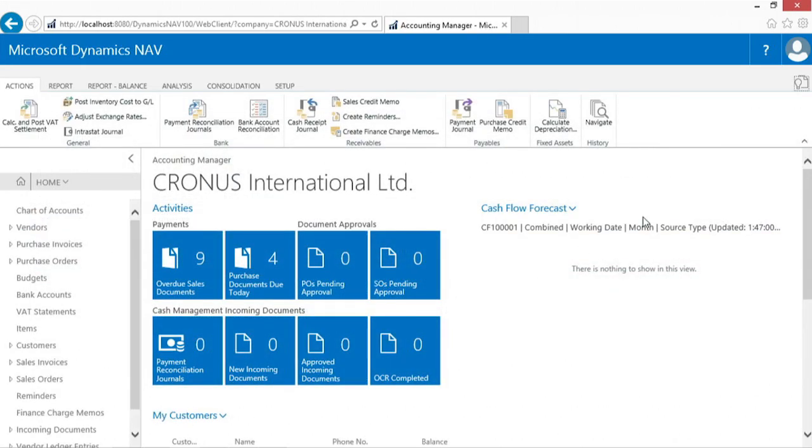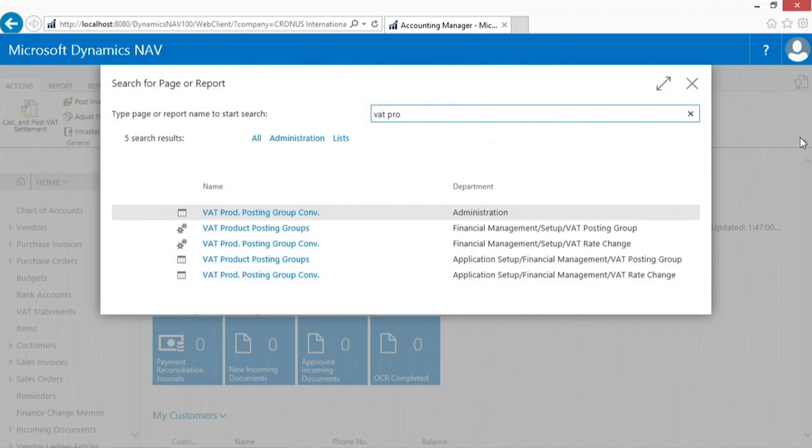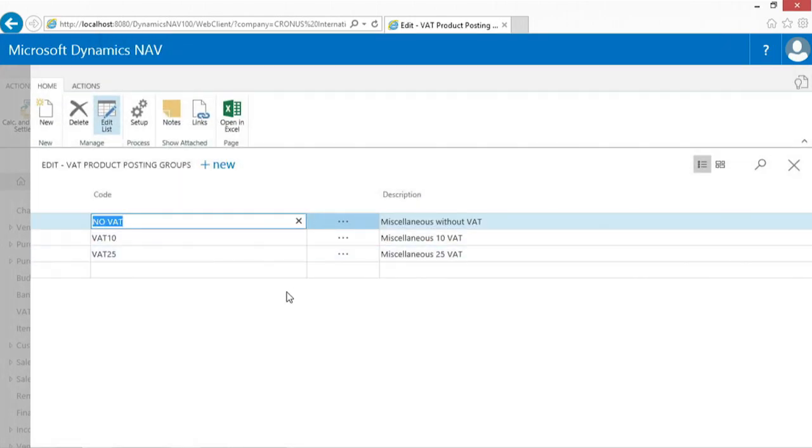Then we have the VAT product posting group. So if I go and look for the VAT product posting group, there we go. You can see here the three VAT product posting groups that our demo company has set up: no VAT, VAT 10, and VAT 25. So you can see here that the VAT product posting group is pointing to the VAT rate. So for example, 10%, 25%.